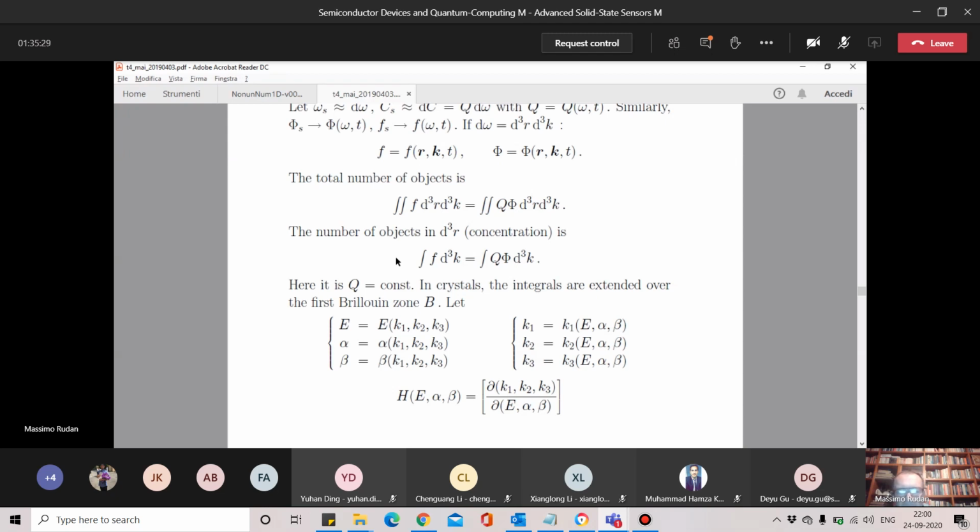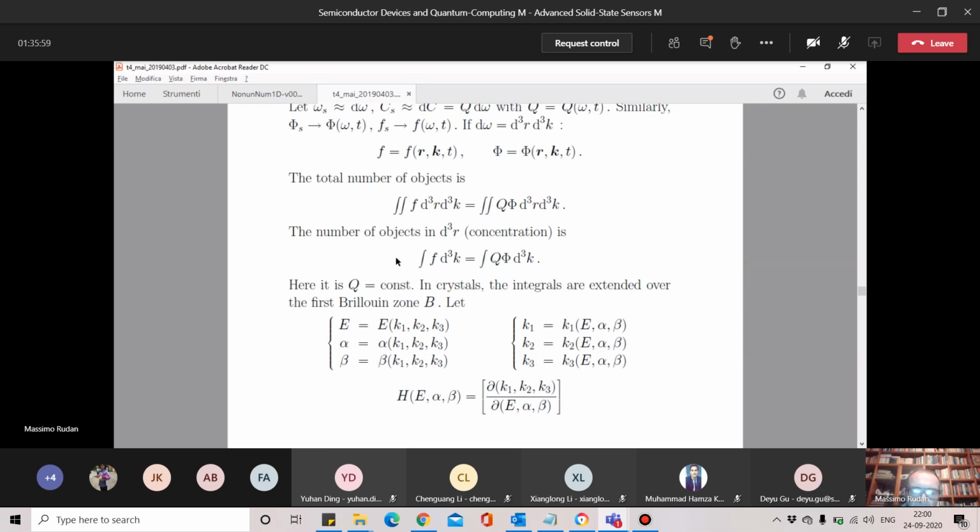When we consider a crystal, you remember Q in this language is the combined density of states in R and K. So it is a constant that we already know. It is 1/4 pi cubed, okay? So in crystals, Q is a well-specified constant.